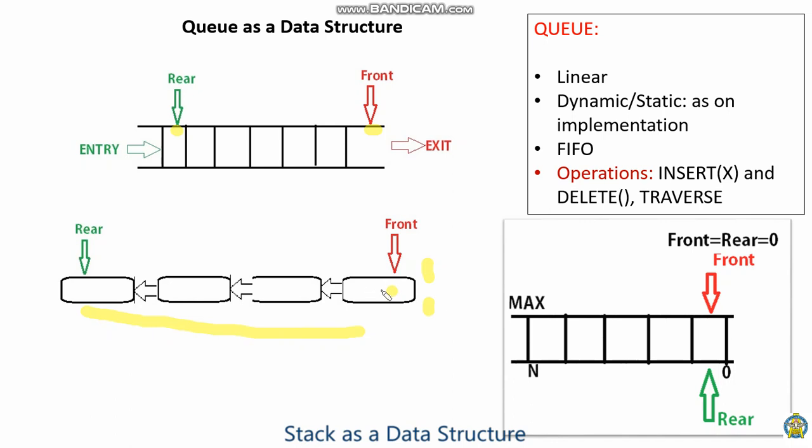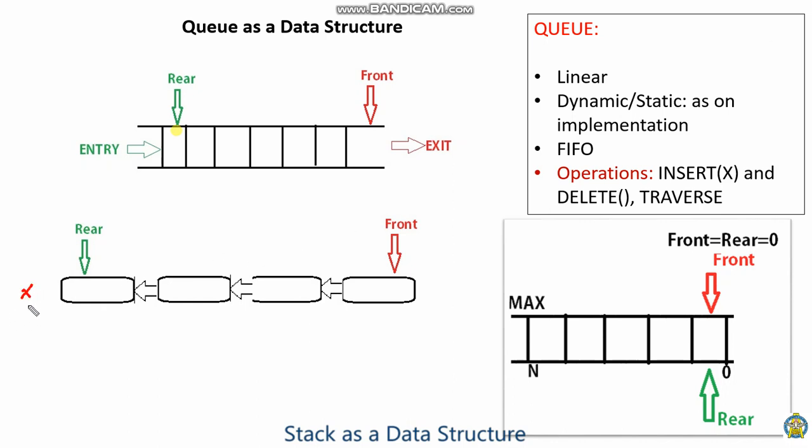Then we have a first item inserted, rear points here and front points here. For every node inserted, the rear moves, the front always remains on the first node of the list.